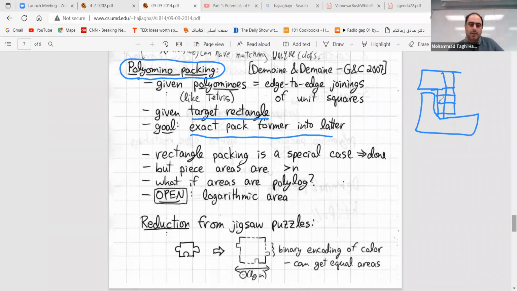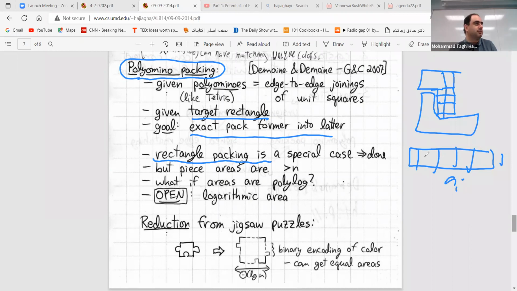Now, as you can see, rectangle packing is a special case of this. Why? Because in rectangles you can put very small squares and then form any rectangle with a set of squares that you have. Like the one we were discussing, for example, a_i was here and one here, so just put a_i unit squares here.